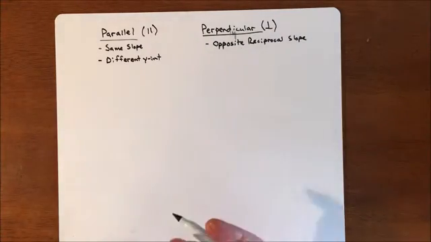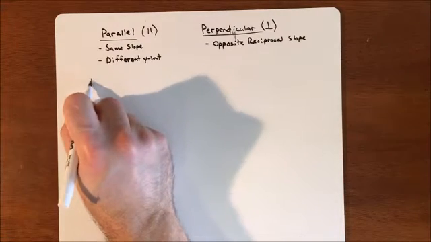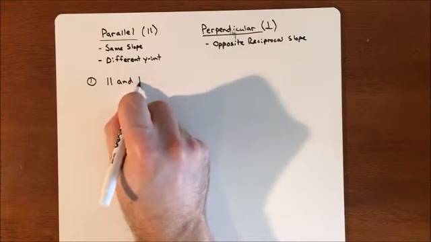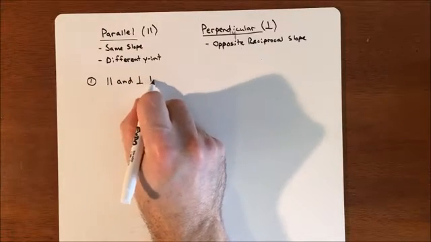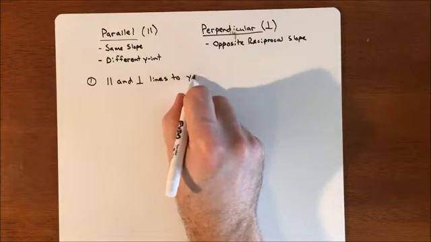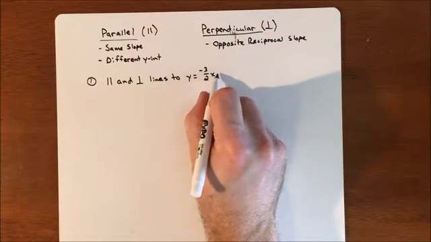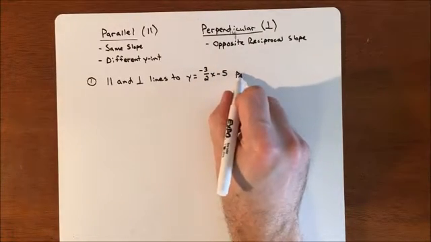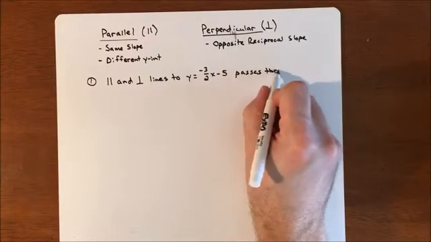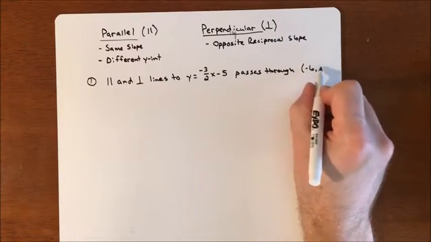So we're going to take the exact same situation. We are looking for, so our first problem is we're looking for a parallel and perpendicular lines to y equals -3/2 x minus 5 that passes through -6, 1.